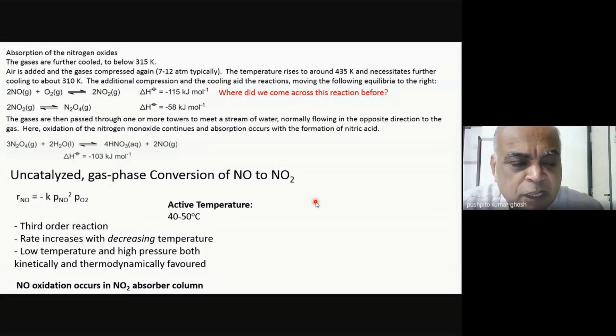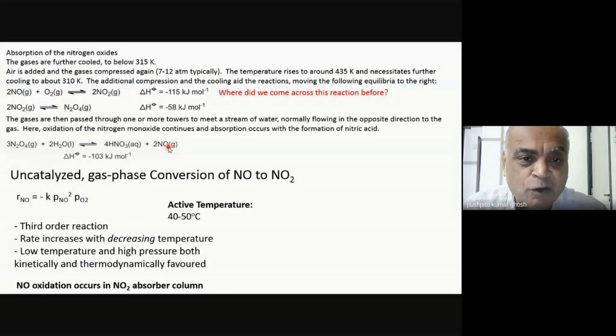Very nice. Once we have formed N2O4, then of course one has to introduce it to water, and then it converts into nitric acid. And as we discussed before, NO2 has a +4 oxidation state. Nitric acid has a +5 oxidation state, and therefore something else must be formed along with nitric acid in a reduced form, and that happens to be NO, the nitric oxide.